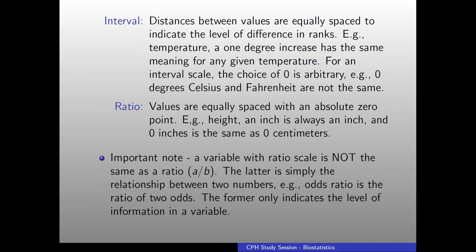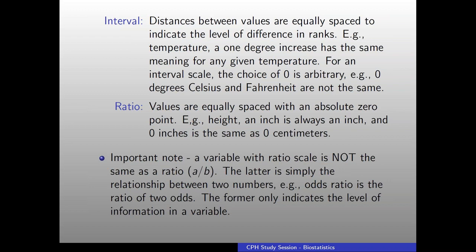That is, A over B is a ratio between A and B. But when you're talking about measurement scale, ratio doesn't mean that. So think about ratio measurement scale as its own entity. It's not related to a ratio variable that you might have seen in other courses, or just by intuition.